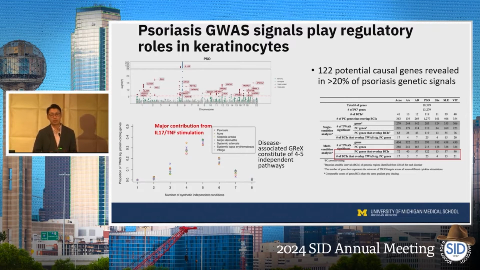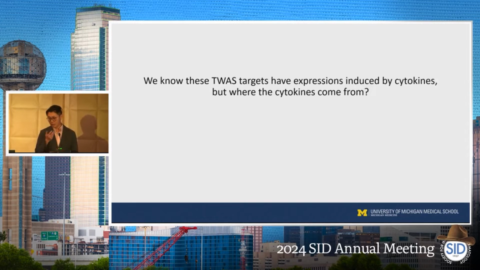Indeed, we identify over 20% of these GWAS loci that we just reviewed in the big GWAS paper as having roles played in keratinocytes. So we now know there are TWAS target genes that have expression induced by cytokines, especially IL-17 and TNF, not really surprising. But where do cytokines come from? This is the next question that we want to ask.